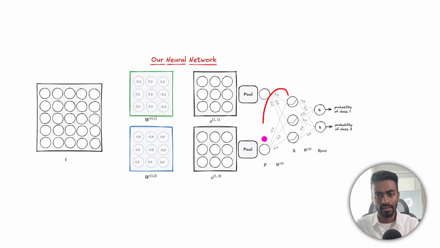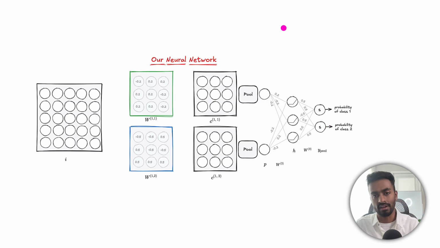Then we have a weight layer followed by the fully connected layer with ReLU activation, which we represent by H since it's a hidden layer. Then we have another weights layer followed by an output softmax activation here, which, assuming a calibrated model, would give us the probability of being one class or the probability of being another class.